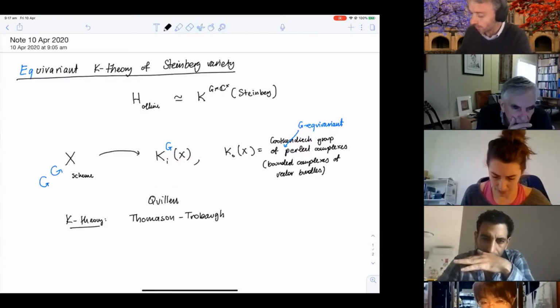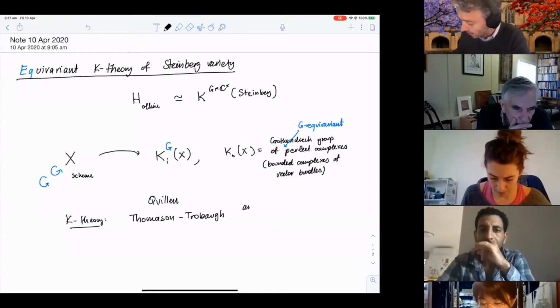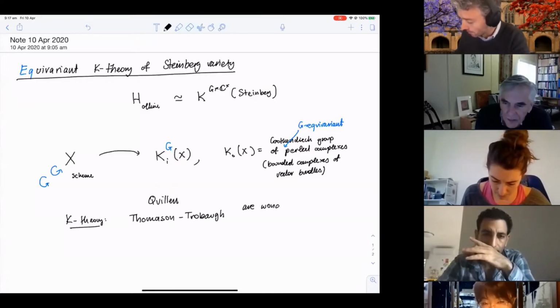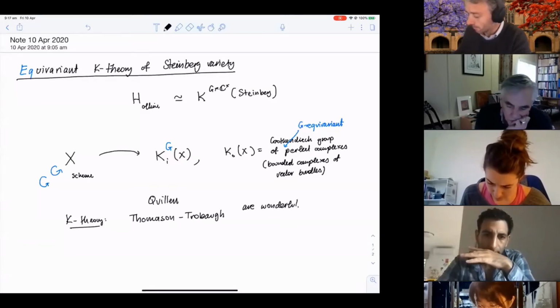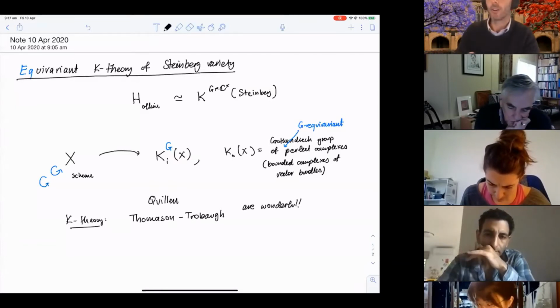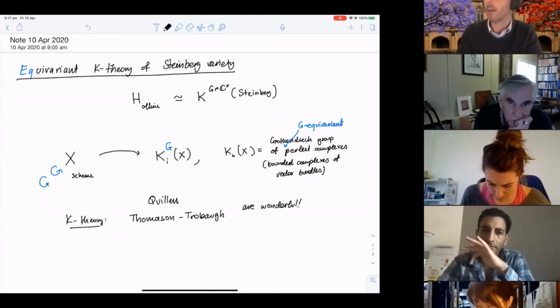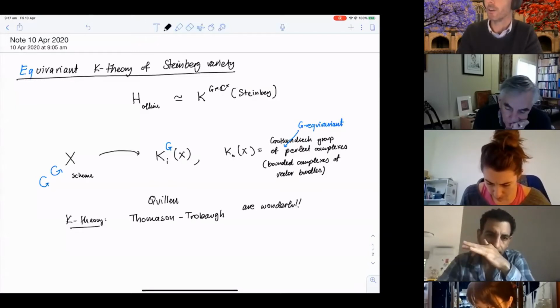Quillen's papers and Thomason and Trobaugh are wonderful. And I just want to read to you two inspiring paragraphs from the introduction to the Thomason and Trobaugh paper.